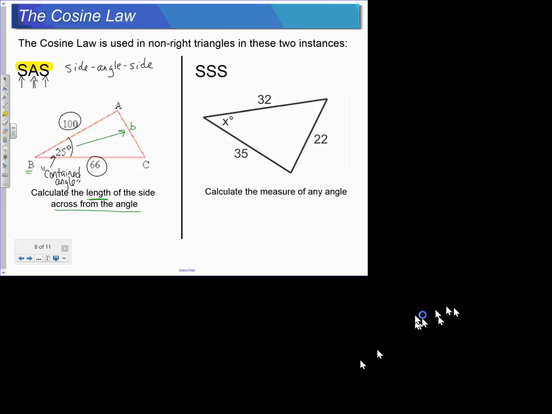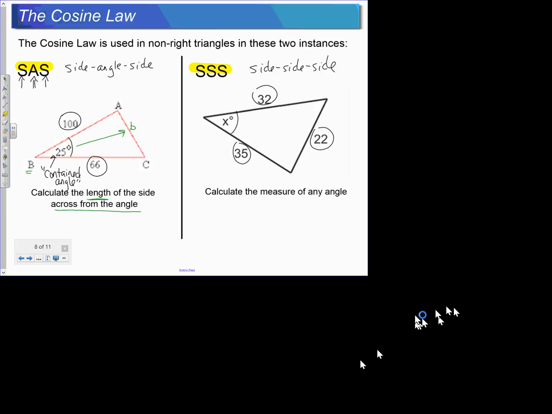The next situation is what we refer to as SSS, this triple S, otherwise known as side, side, side. This is where you're given 1, 2, 3, all sides, and what you're required to find is an angle.